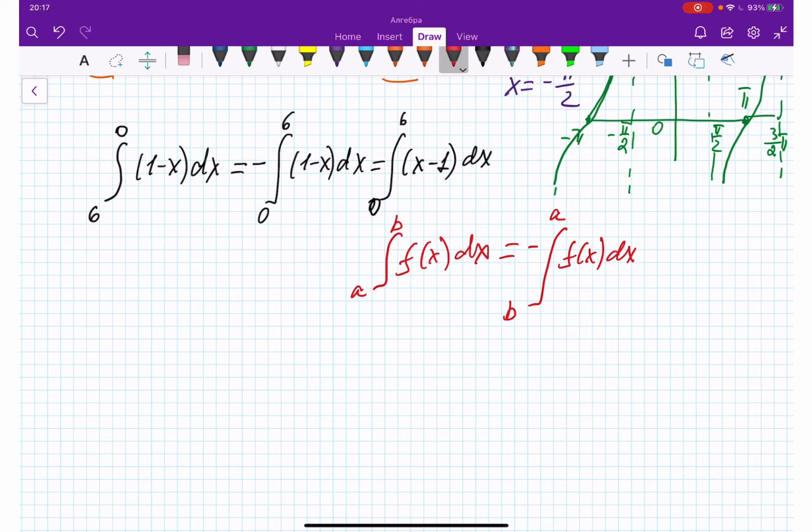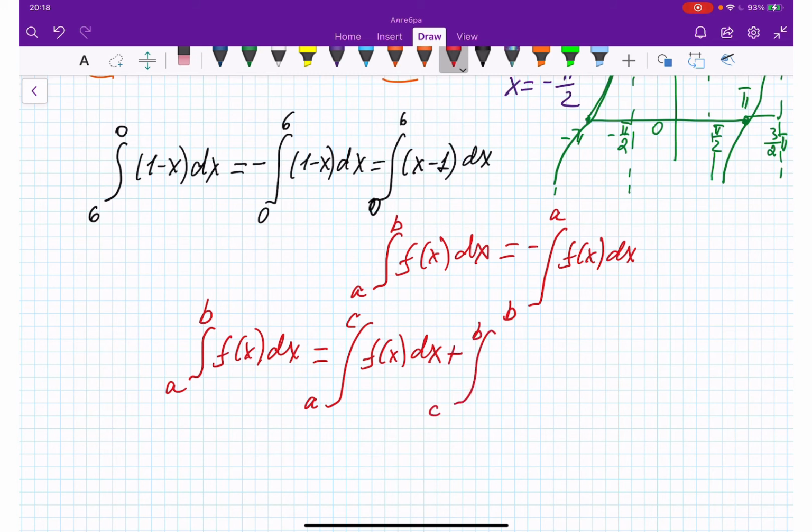One more thing I would like to draw your attention to. Let's assume we have the integral of f of x dx from a to b. This is equal to the integral from a to c of f of x dx, plus the integral from c to b of f of x dx. So what does that mean?